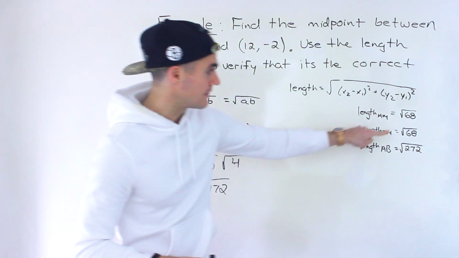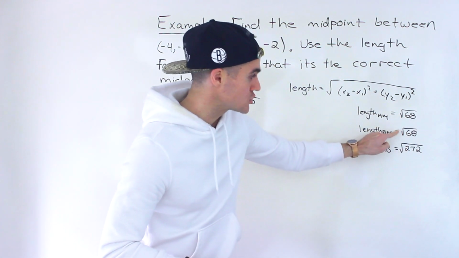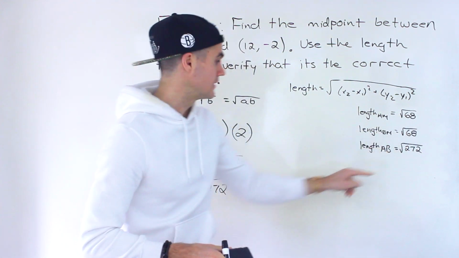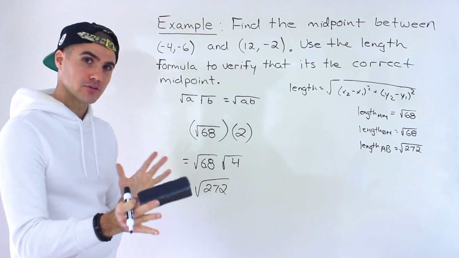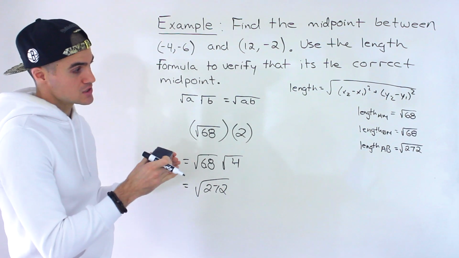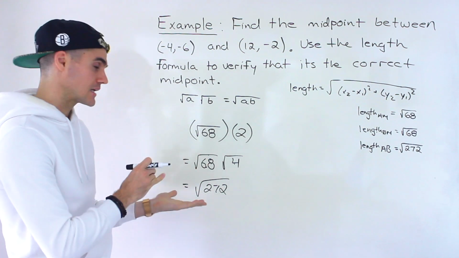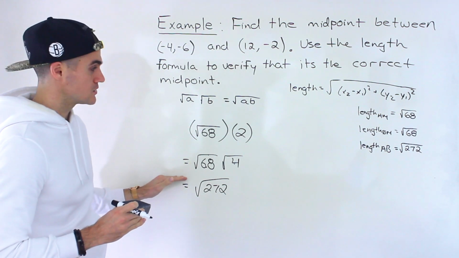Because we know that this length is half of this length, so that means this length times 2 has to give us that. And that's how you can show it without using a calculator, without getting the decimals. Again, your teacher may just allow you to do that, but just in case your teacher wants you to show it this way, this is how you do it.